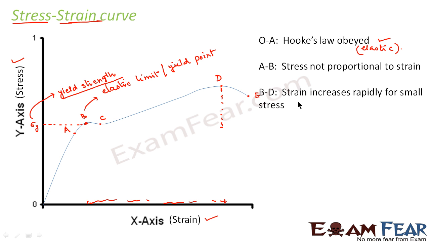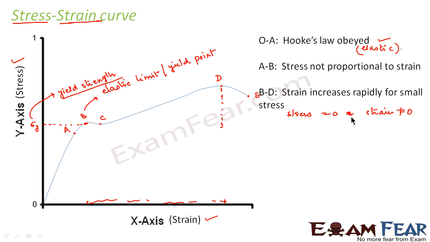That means even when the stress is 0, because when there is no external force applied, there will be no stress produced, the strain is not 0, because the body has already changed its shape. That means there is a deformation. Whenever there is a deformation, there is a strain. So even though the stress is 0, the strain is not 0. So this area signifies that even if stress is 0, that doesn't mean that strain will be 0.